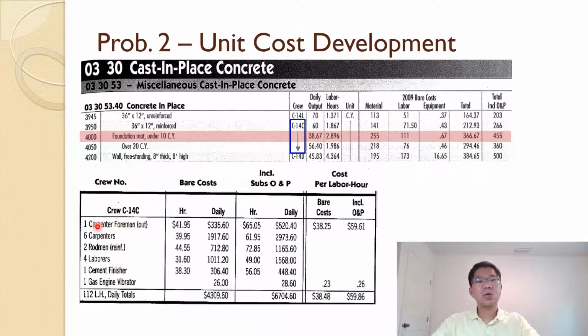What constitutes that C14C? First, we need one carpenter foreman, and this is the bare cost. Bare cost means the direct cost. Including overhead and profit, for the labor there are fringe benefits, social security, healthcare, all of that, so it adds up.